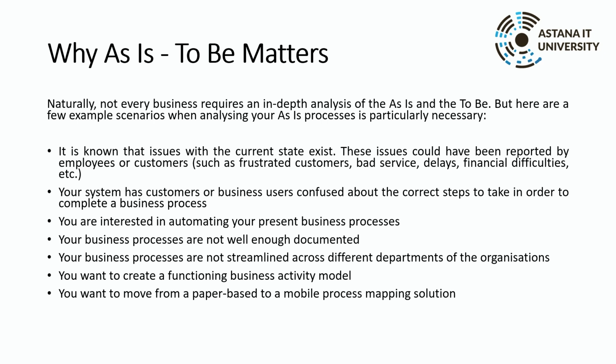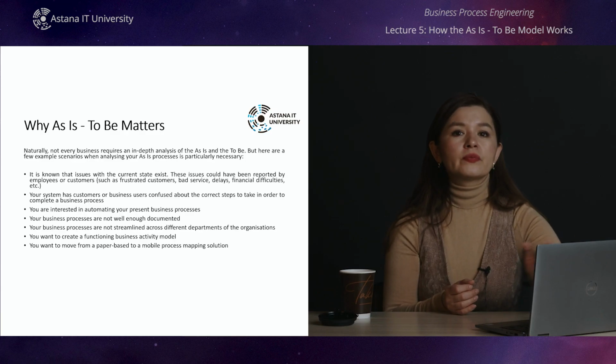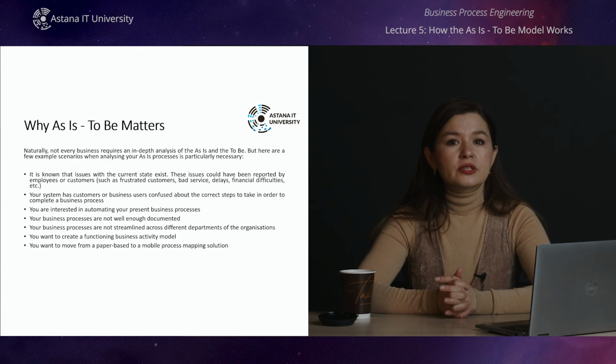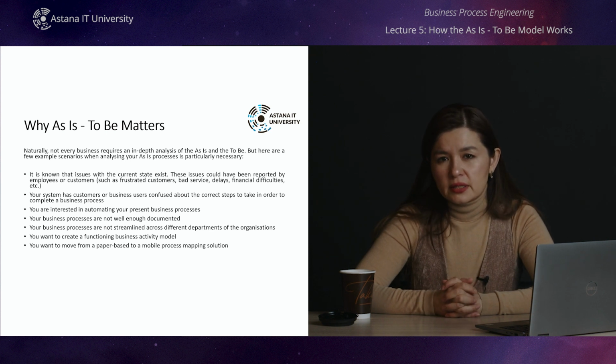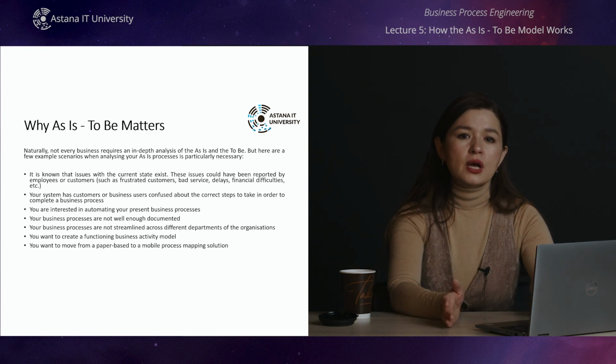When business processes are not well documented, the as-is analysis ensures that existing processes are documented comprehensively. Standardizing and documenting processes are essential for knowledge transfer, training, and maintaining consistency across the organization.